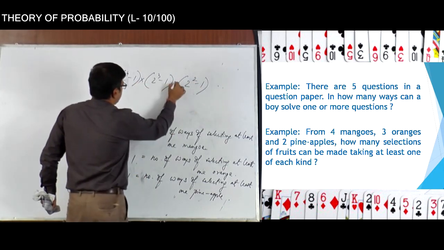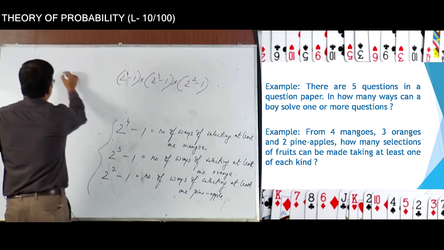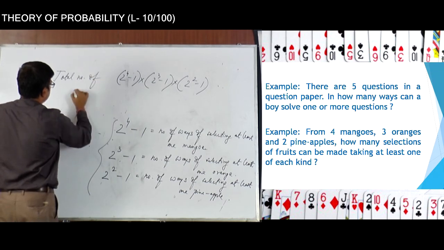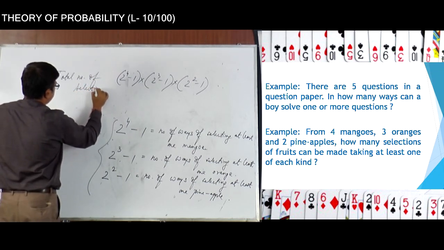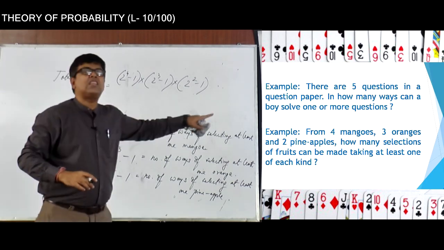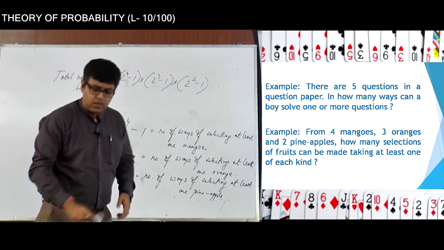So the product rule is applied, and this gives the total number of selections such that at least one of each kind is included.